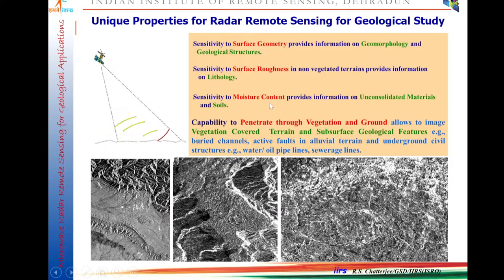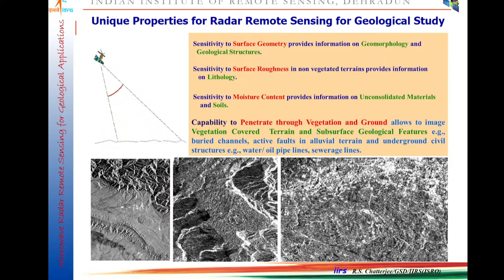Also, it is sensitive to the moisture content or dielectric property of the materials, so that helps to characterize geological materials based on their dielectric property, like unconsolidated materials like alluvium, altered materials, hydrated minerals, gossans, soils, that can be highlighted or separated from the hard compact rocks.